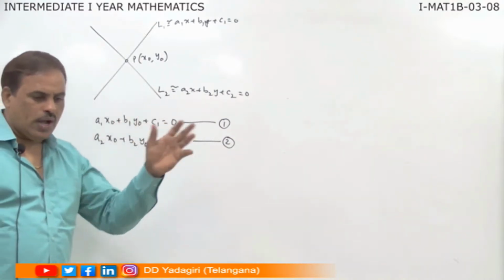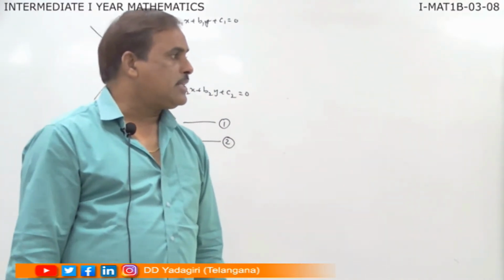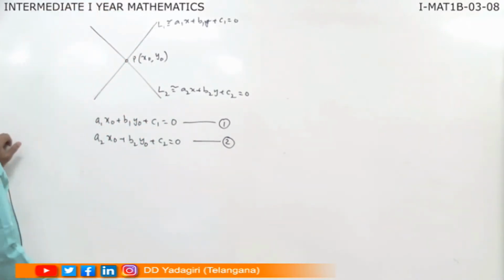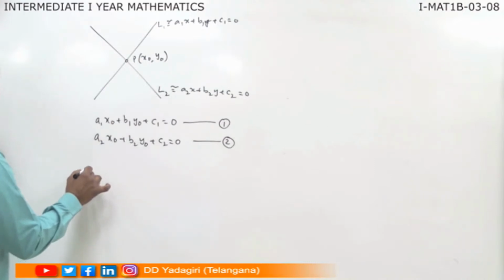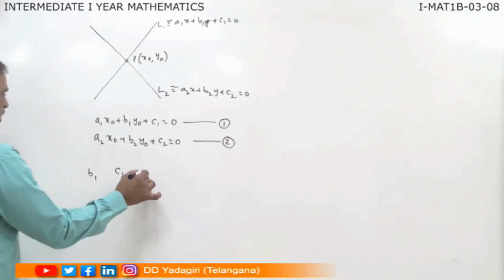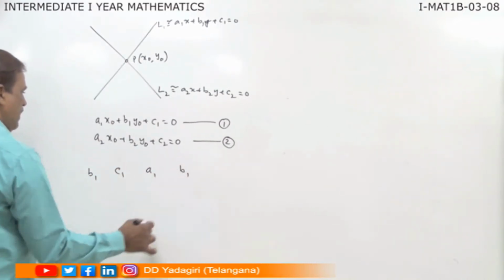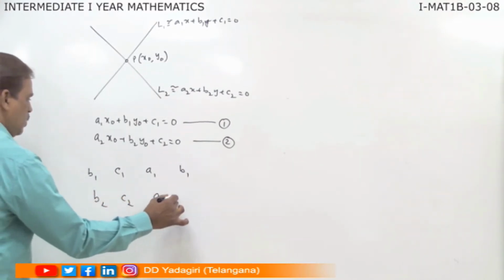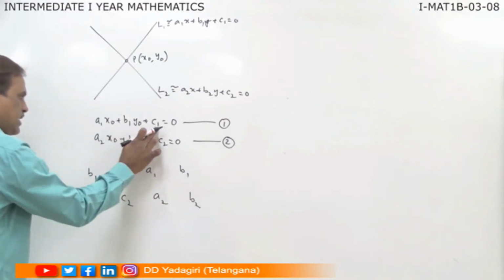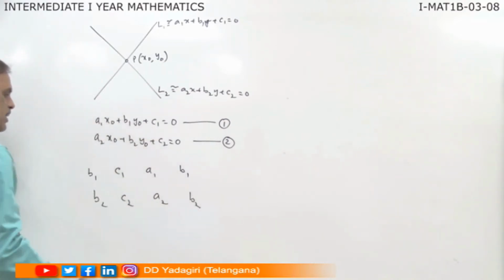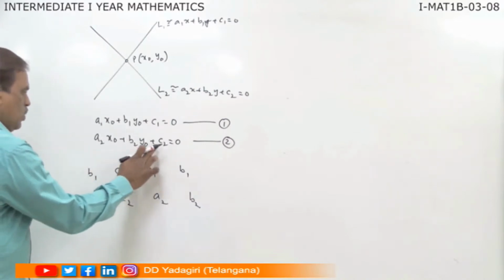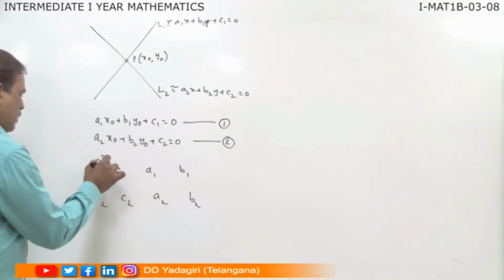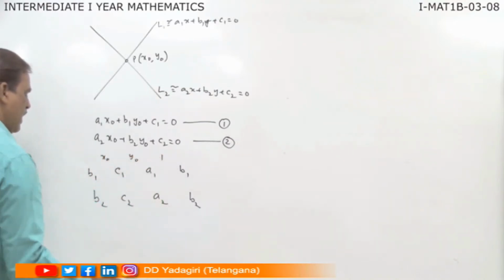In 10th standard, you have used the simultaneously solving equation method. Here what we do is we put the coefficients. ఈ coefficients ని పెడతాం మనం. b1 c1 a1 b1, b2 c2 a2 b2, again we write b1 c1 a1 and b1, the coefficients b2 c2 a2 and again b2. So here we put x0 y0 and 1.